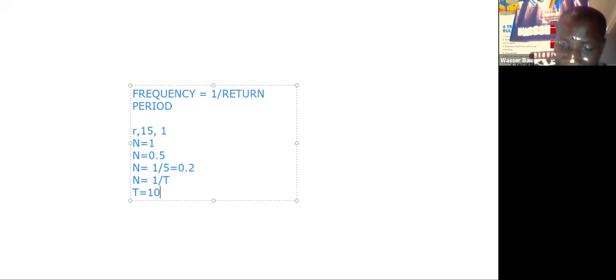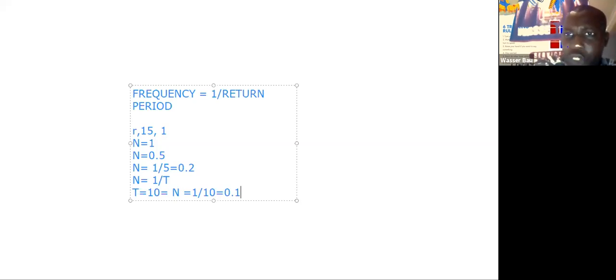It means that N is now 1/10, which is equal to 0.1. What it means is that the probability of this rain falling in a year is 0.1, which is 10%. That means the likelihood of falling is low.